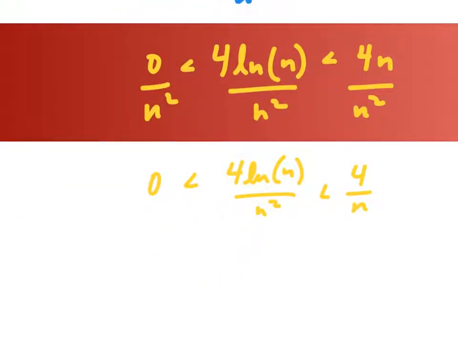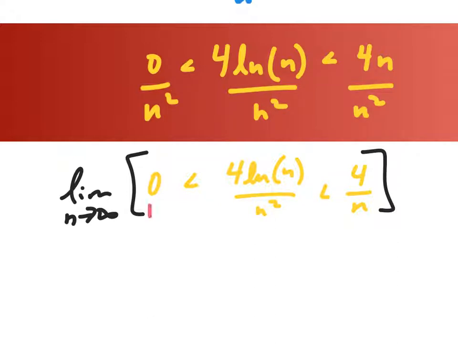Alright, so then if I took the limit of each of these things as n goes to infinity, the limit as n goes to infinity of 0 would be 0. I don't know what this is going to be, but I do know that the limit as n goes to infinity of 4 over n, if this power, p, is greater than 0, it's going to go to 0.